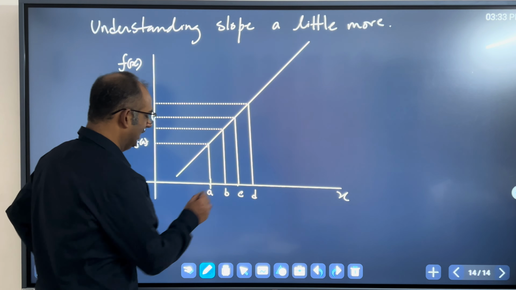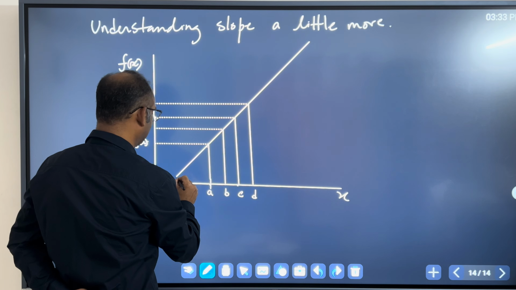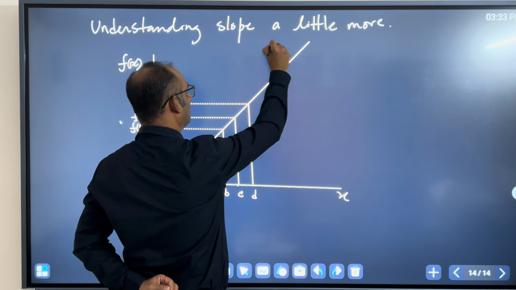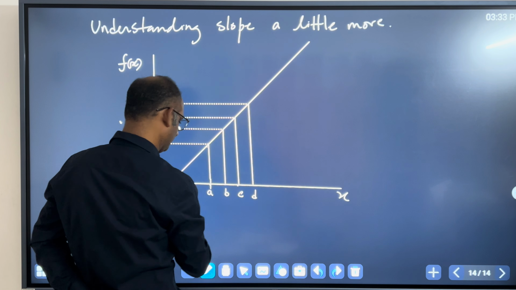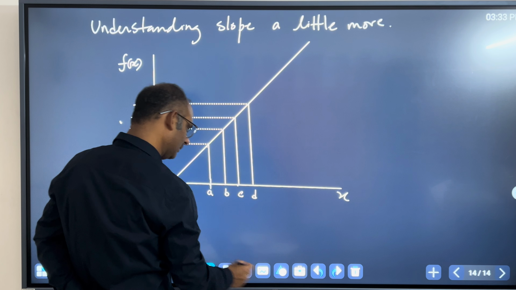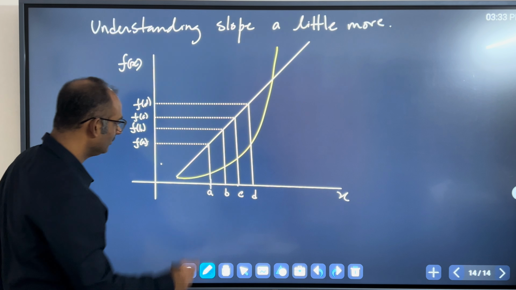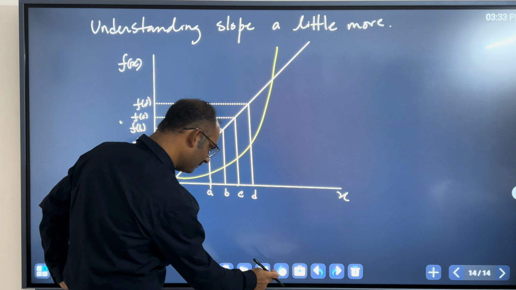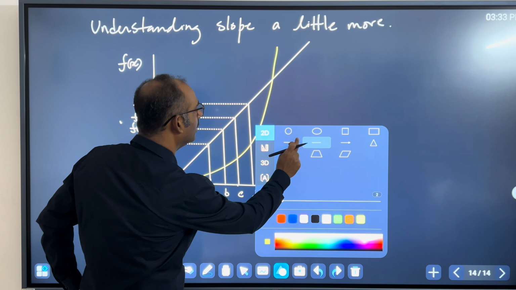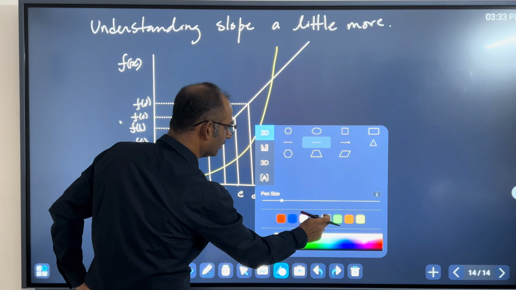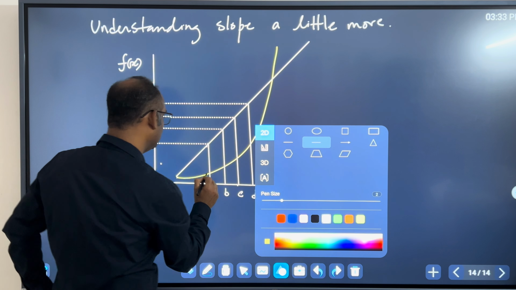If this is not so clear, then you can think of this. Take another curve. That will be clear. Look at this. At point A, this is the height.